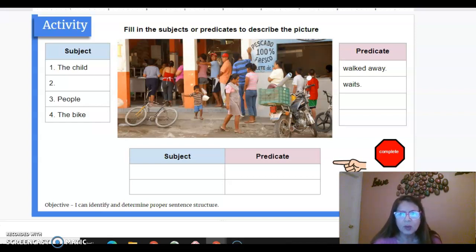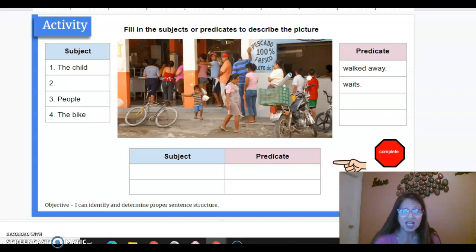Let's think about what we see or who we see in this picture. I see a child. I see people. I see a bicycle. I see men, women. I see a store. I see a sign. There's lots of things happening.